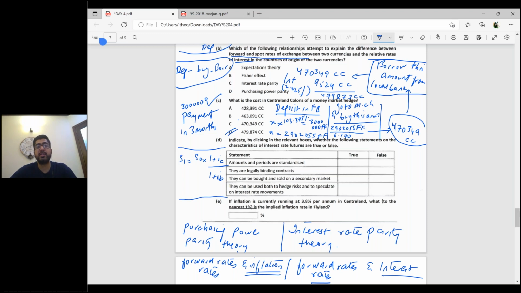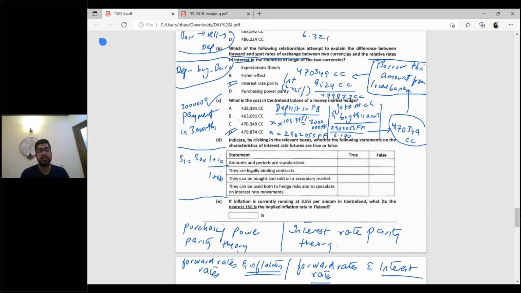So the relationship that explains the difference between forward rates and interest rates, that's interest rate parity. That's not purchasing power parity, which explains the relationship between forward rates and inflation rates. The thing that explains the relationship between forward rates and interest rates is interest rate parity.